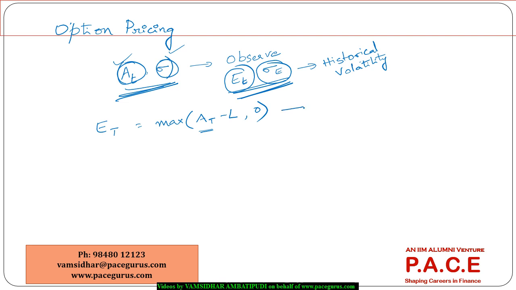So if you look at it, the value of the equity is looking like a European call option, right? This is where the option pricing theory is coming into the picture. So this is very similar to the payoff on a European call option. For the call, the underlying is nothing but the assets of the firm. The strike price is nothing but the liabilities, right?